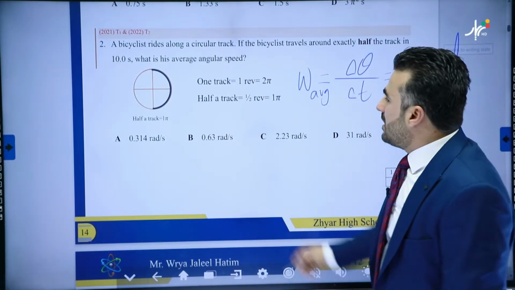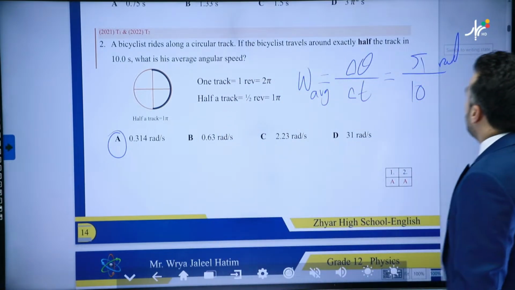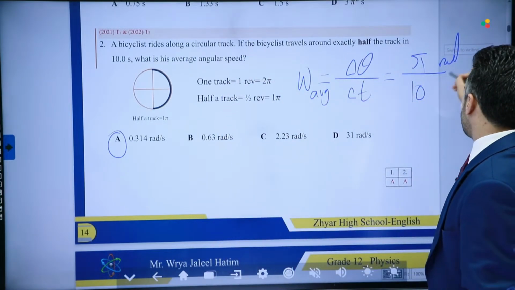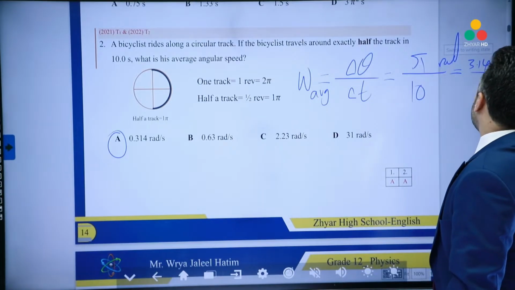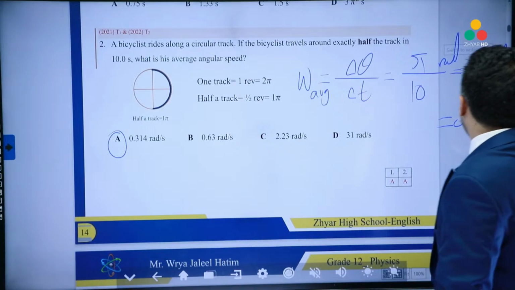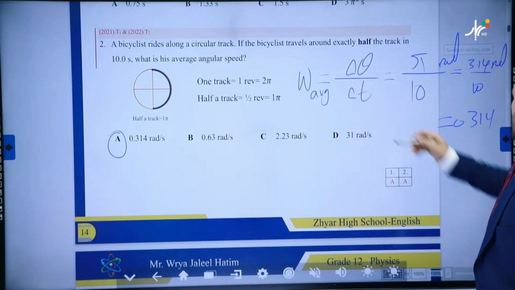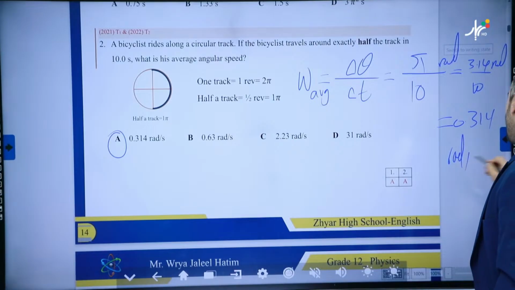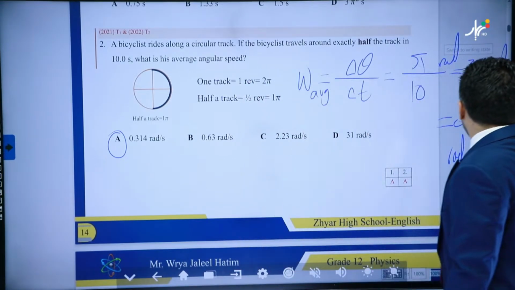Now you calculate, and pi is basically equal to 3.14 radian, divided by 10, it's going to be 0.314, because it is angular speed, so radian per second. Excellent. So the answer is going to be A.